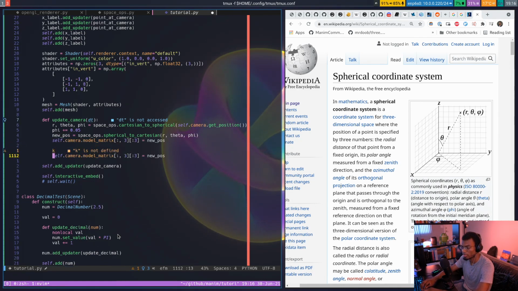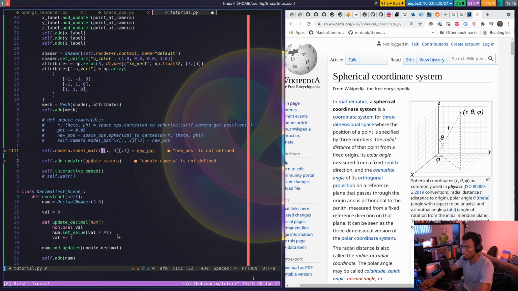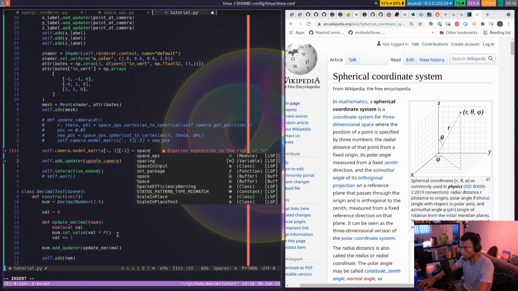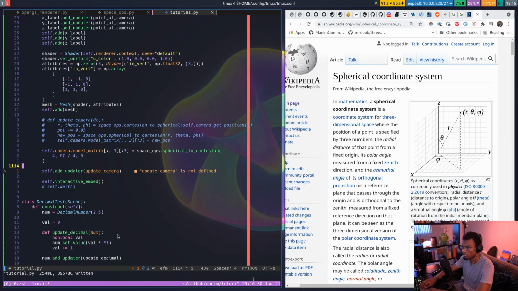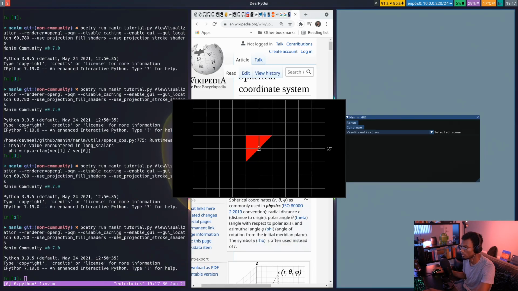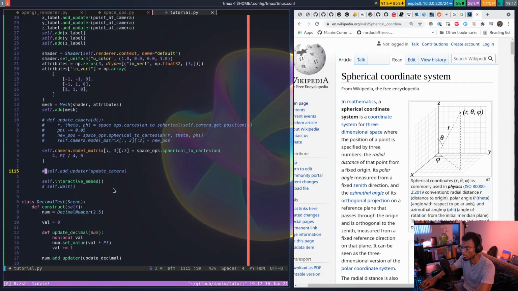Like when I start out, I want this to be spherical to Cartesian of like 4, pi over 4, and then I'll just do 0. And I won't do this updater. No, it's not even setting the position by default. Well, that's annoying.